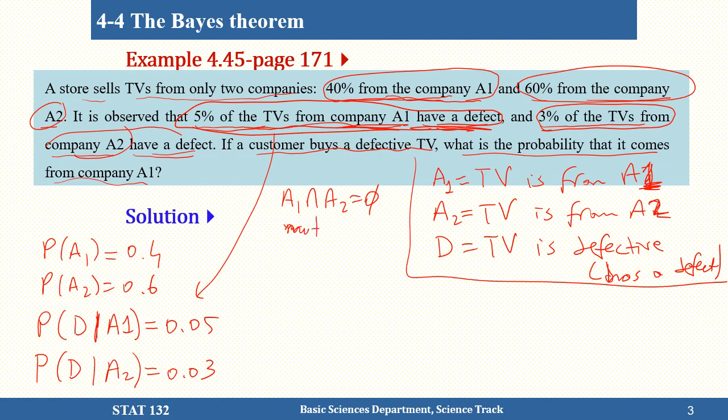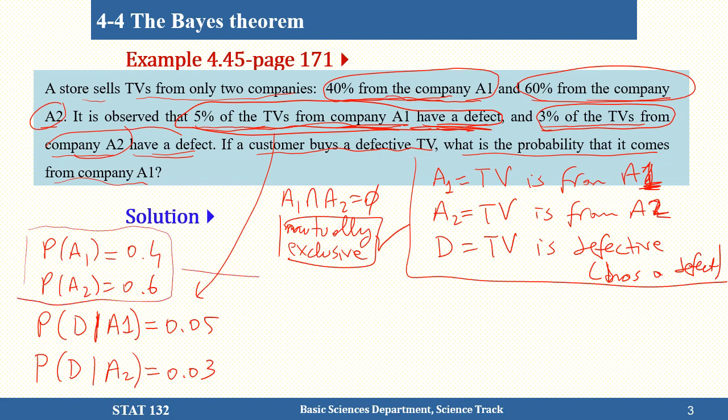The first condition is satisfied. And the second thing is, do they cover all the possibilities? They're exhaustive. When you look at them, P(A1) plus P(A2) is equal to 1. So they cover all the possibilities, A1 and A2, all the cases.